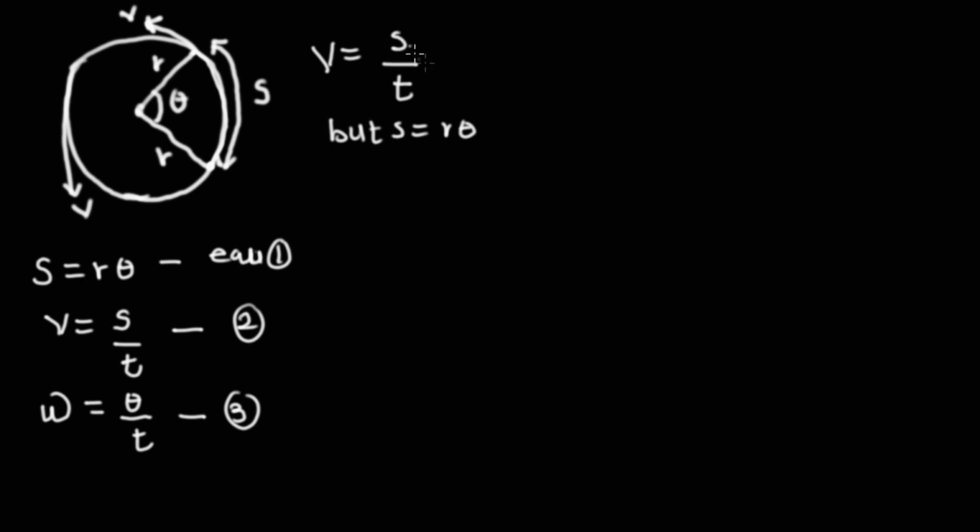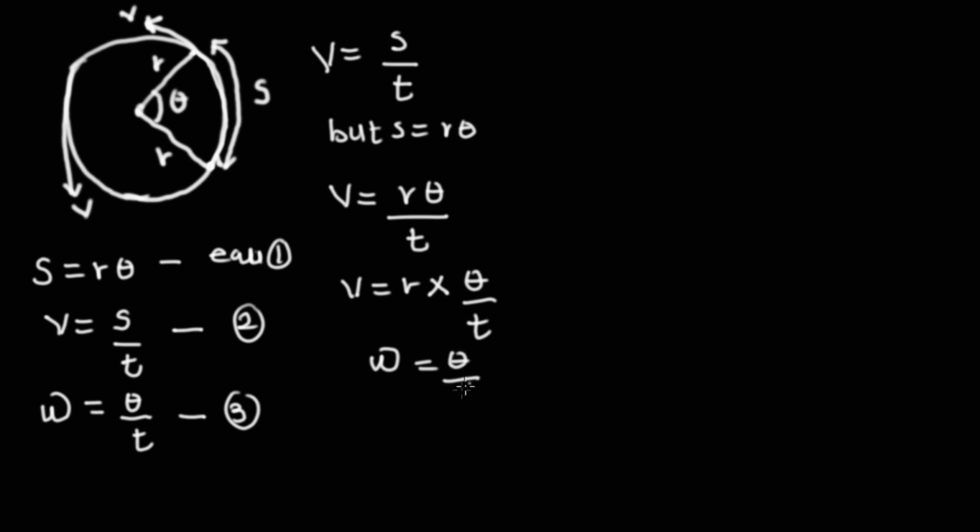So where we see s, we put in r theta. So velocity becomes r theta over t. Now, velocity can also be rewritten as the radius multiplied by theta over time. You should not forget that w is given as theta over time.